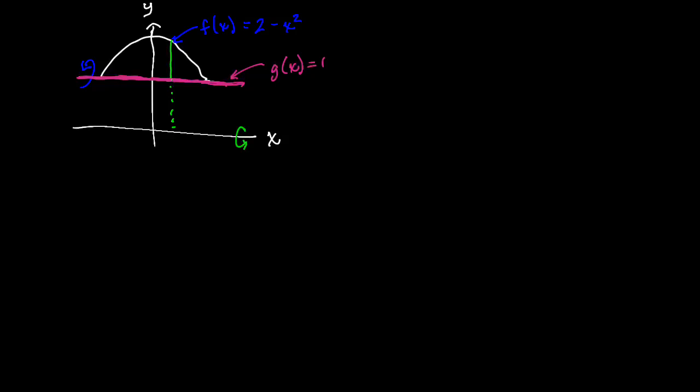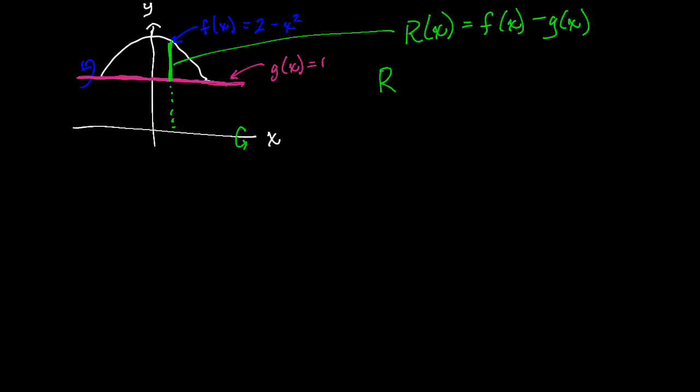So to figure out this radius, r of x, I take f of x and subtract g of x. So let's write that in, and then we can get started taking the integral.